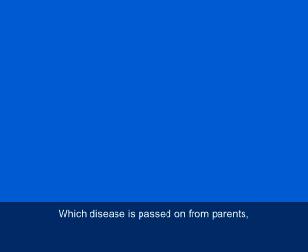Which disease is passed on from parents, but the symptoms only appear in midlife and cause irreversible and progressive loss of muscle control and mental disability? That's Huntington's disease.